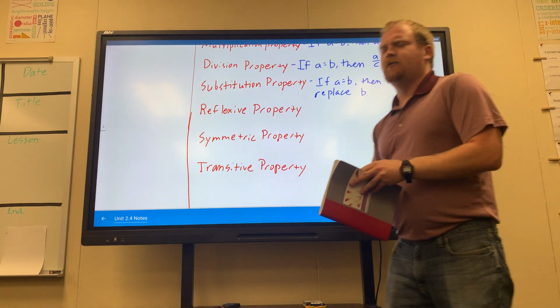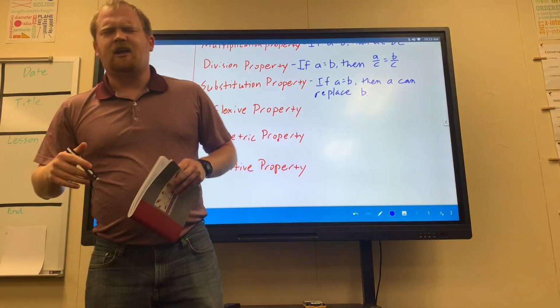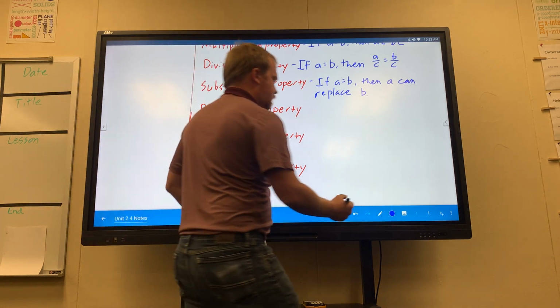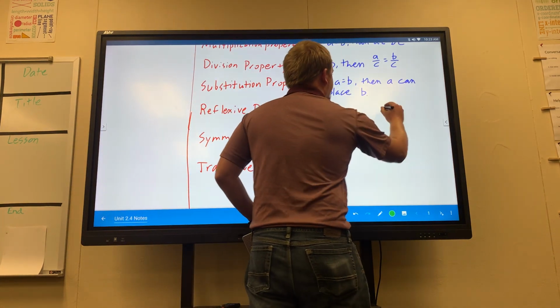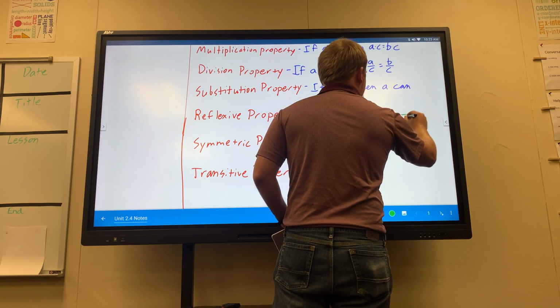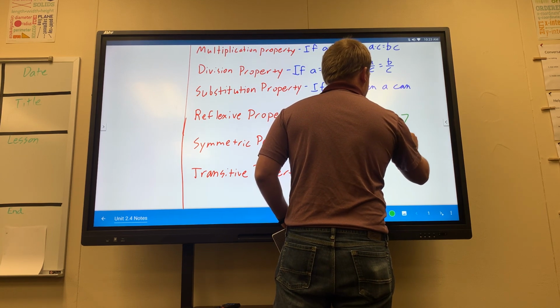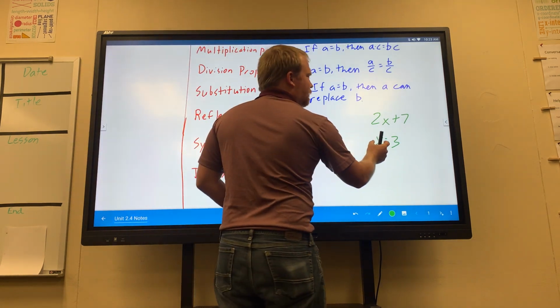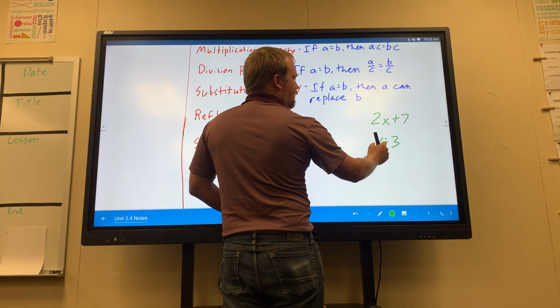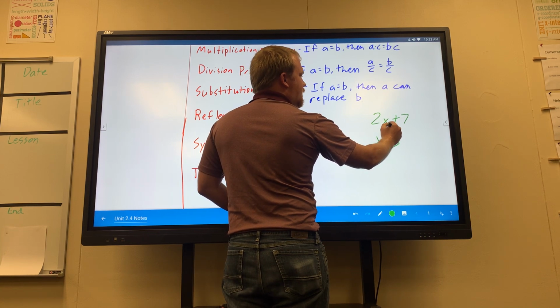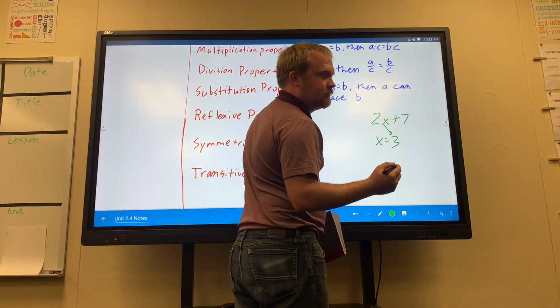So just to give you an example, let's say you have, and I'm going to write it in green and I'll erase it later, 2 times x plus 7. So let's say you have that. What this tells me with substitution is that as long as x equals 3, I can replace this x with 3.